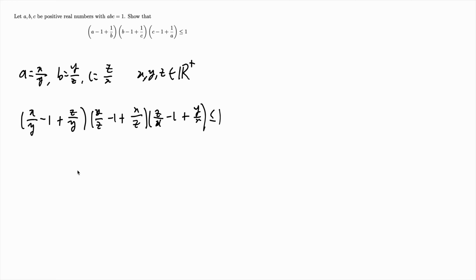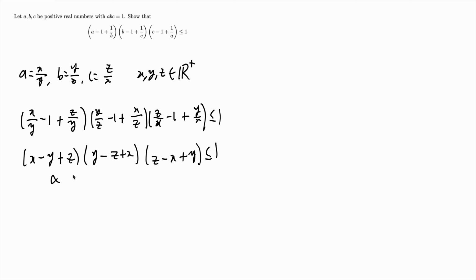I mean, it might be easy for others, but at least for me it was hard. So that said, we have x minus y plus z times y minus z plus x times z minus x plus y less than or equal to 1. If we prove this, then we're done.